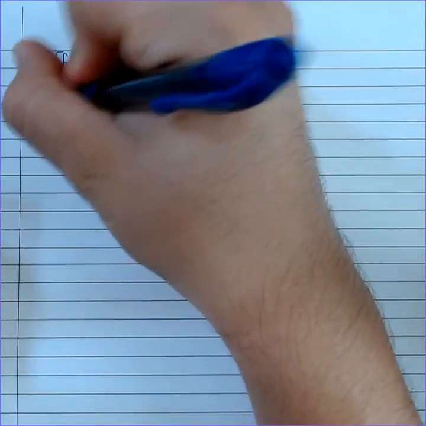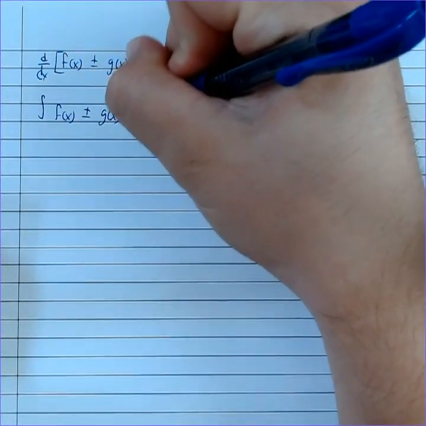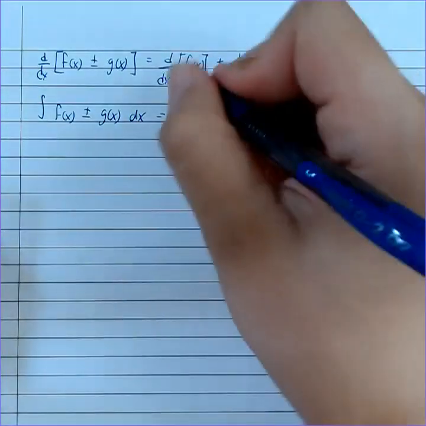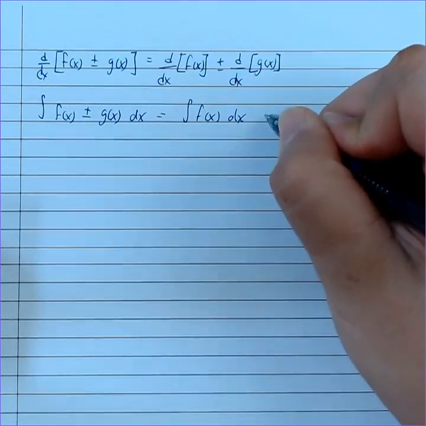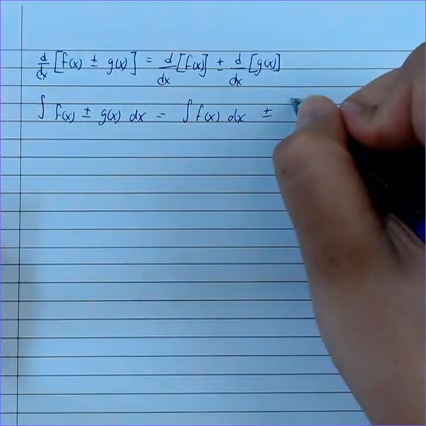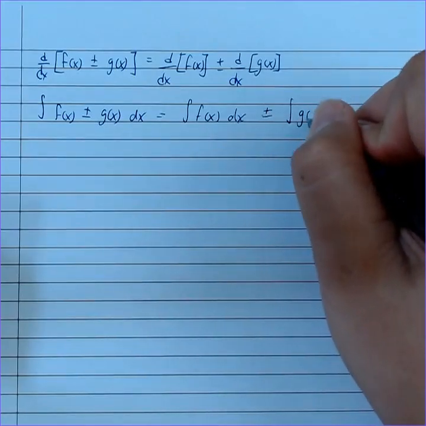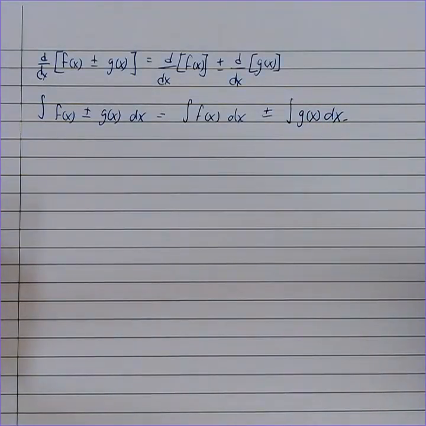If I want to take the integral of f of x either plus or minus g of x with respect to x, that's the same as taking the integral of f of x with respect to x, and then plus or minus, as is appropriate, the integral of g of x dx. Okay?